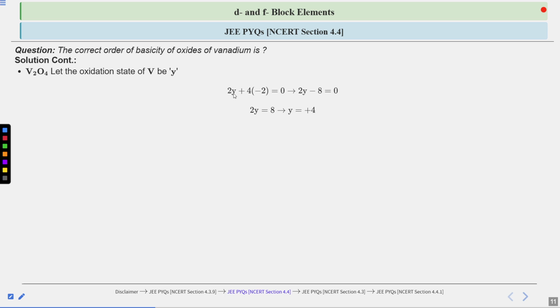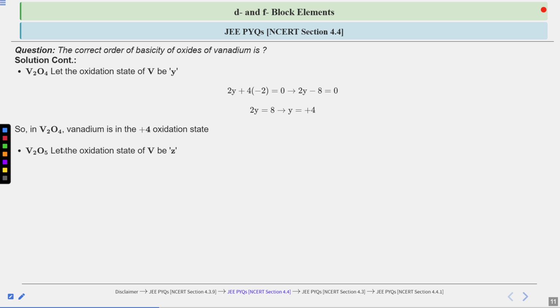So 2Y plus 4 times minus 2 will be minus 8. So 2Y minus 8 equals 0, 2Y equals 8, and Y equals plus 4, because 2 times 4 is 8. So in V2O4, vanadium is in plus 4 oxidation state.